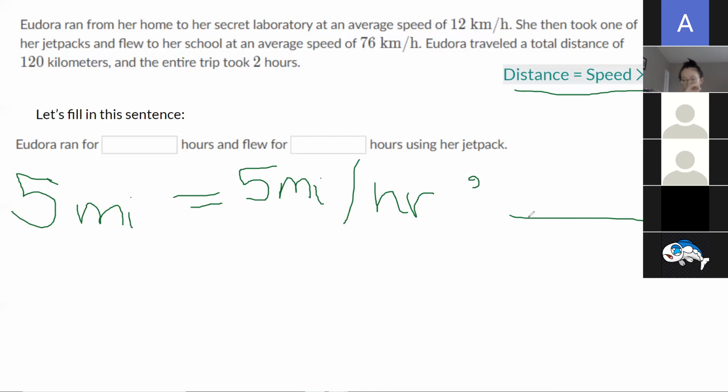Does anybody have any idea? Remember, 5 miles per hour is our speed, and then 5 is our distance. Does anybody know our time?